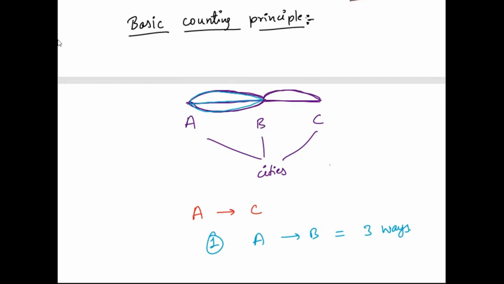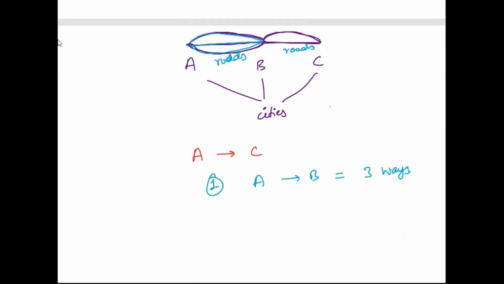Yes or no? There are 3 roads, basically, connecting these cities. I cannot directly go from A to C. Now the second step is going from B to C. How many ways are there in which I can go from B to C? There are 2 ways, isn't it?